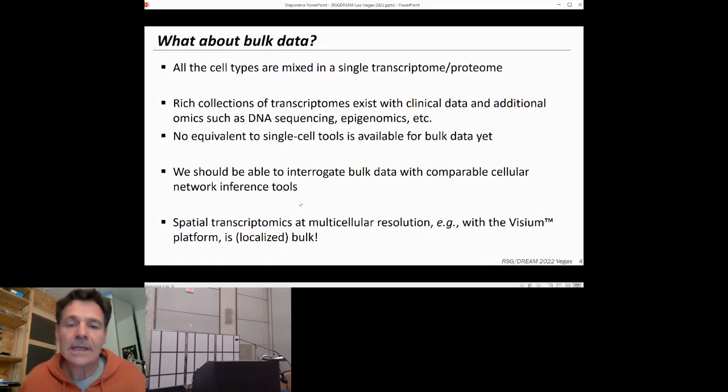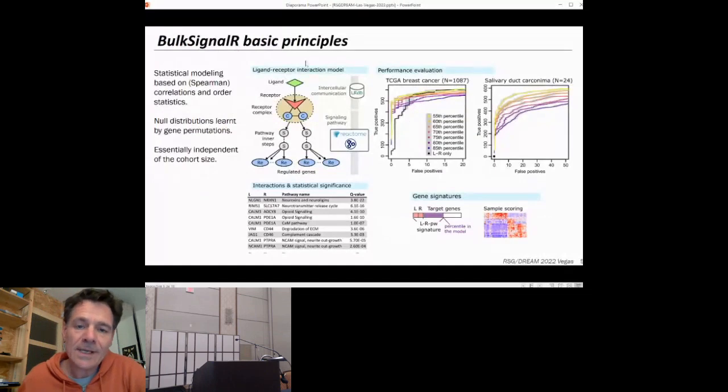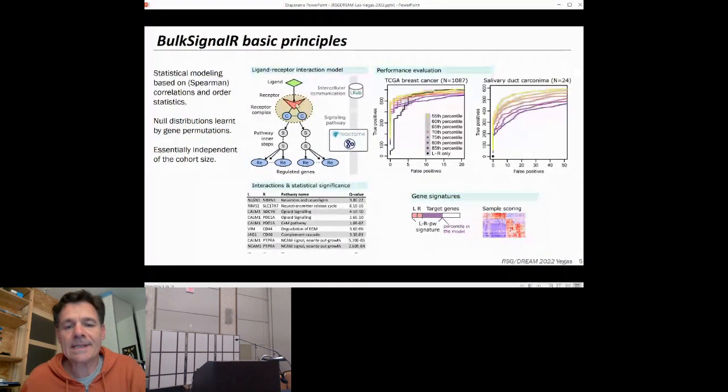We propose to evaluate the interaction between a ligand and a receptor by simply considering correlations, but also correlations with pathways downstream of the receptor. Basically, a null model of all those correlations is learned by randomizing the data in a meaningful way, and to report the coherent activity of the pathway with the receptor.